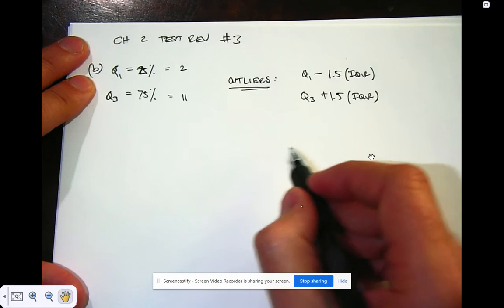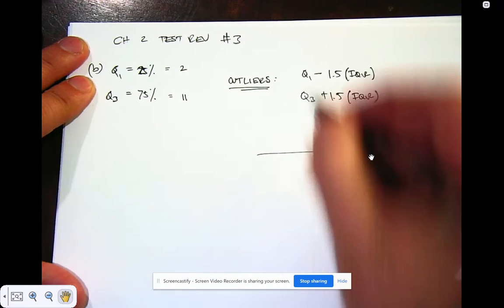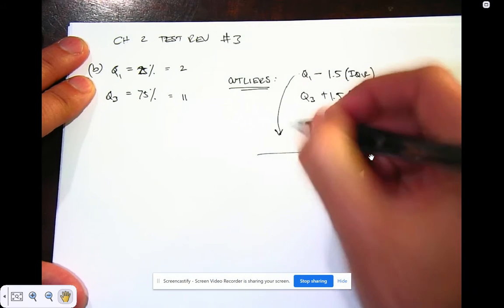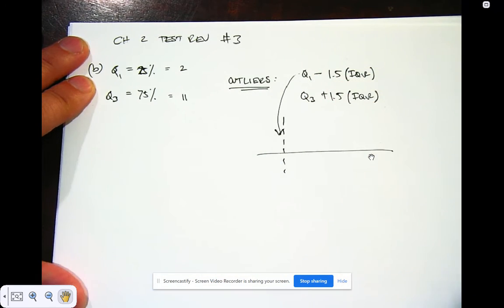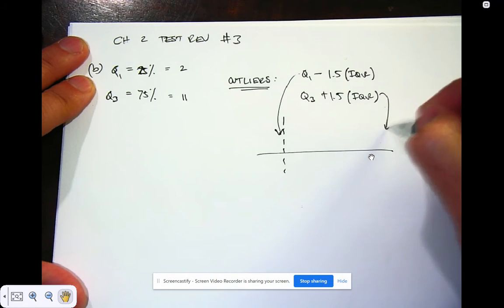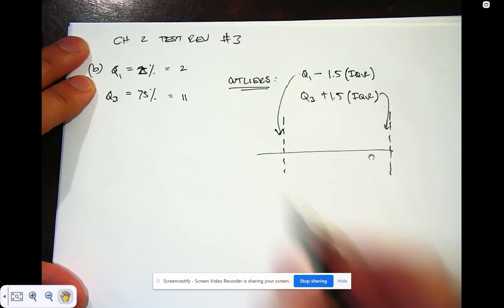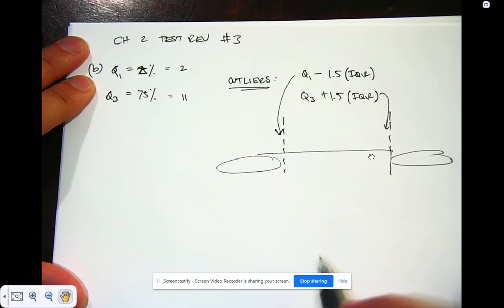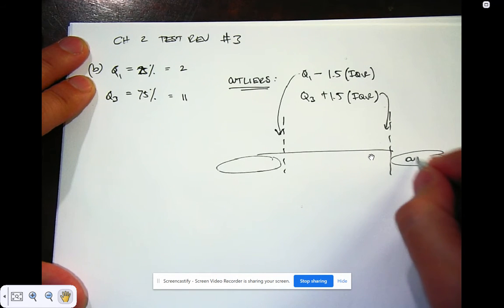What that does on your data set is this value gives you a lower barrier, and this value gives you an upper barrier, and anything outside of those values would be an outlier.